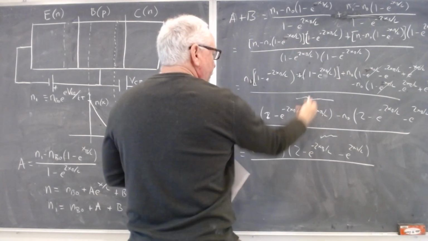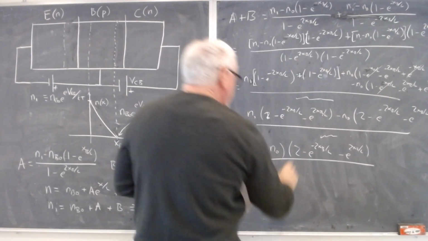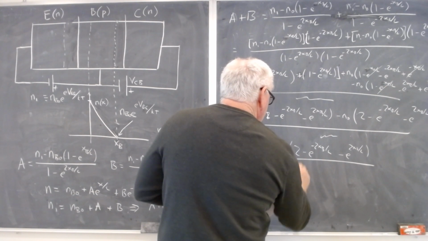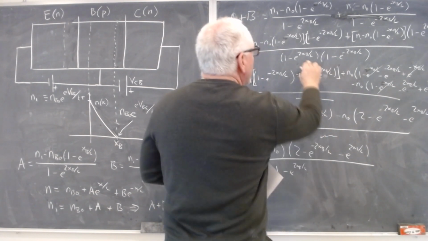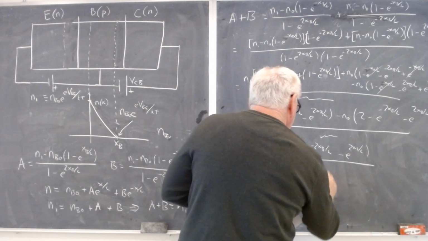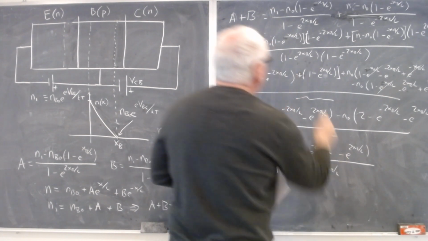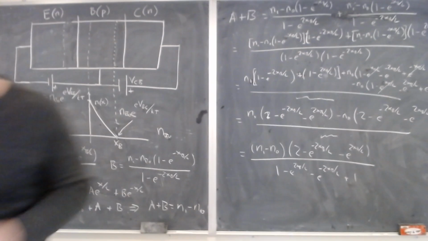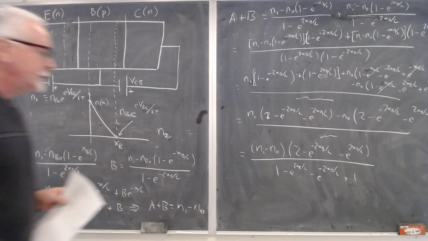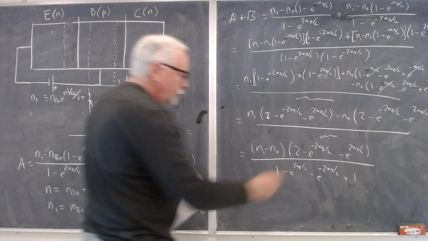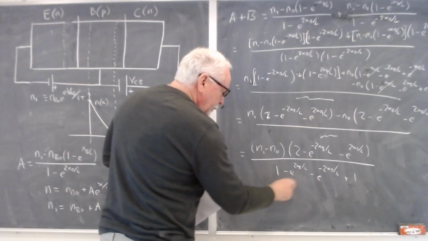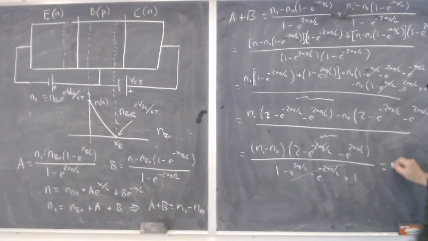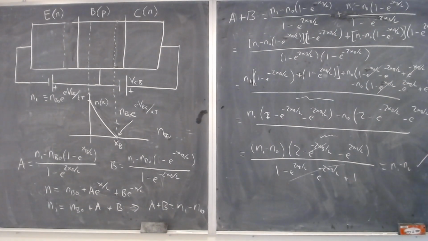Now, I've been just doing our numerator. Okay, so now doing our denominator, that's 1 minus e to the 2xb over L minus e to the negative 2xb over L plus 1. All right, and if you look, this is n1 minus n0, and it works.